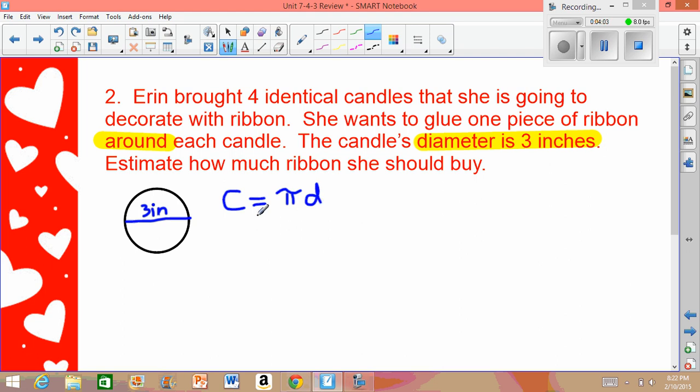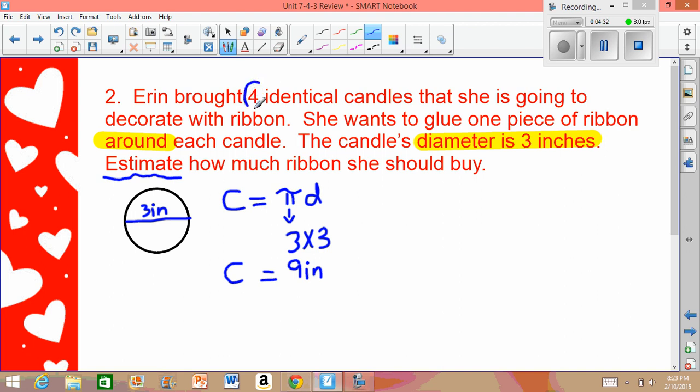So we're going to substitute our numbers in. And since it said estimate right here, that means that we can use 3 for pi. So we'll substitute in. So that would be 3 times our diameter of 3 as well. So that gives us a total of 9 inches of ribbon that we would need to go around 1 candle.